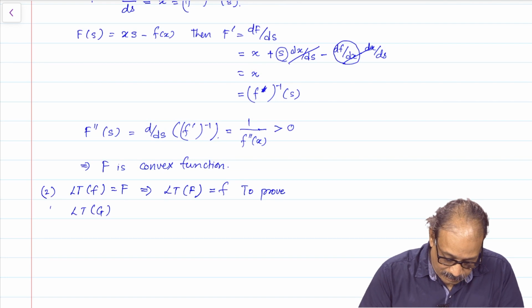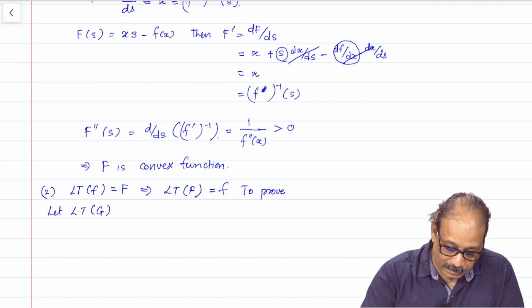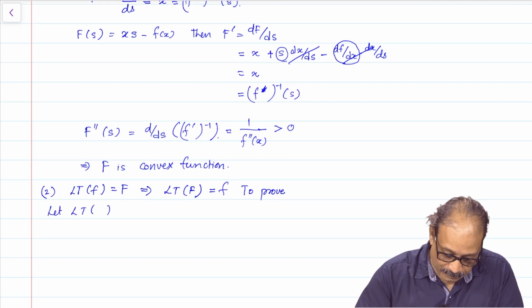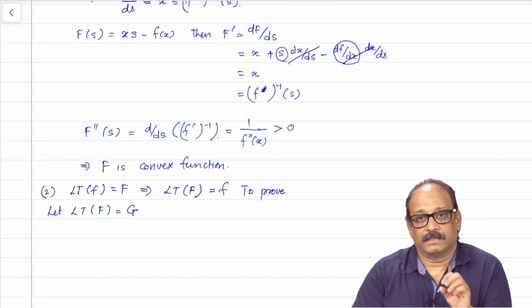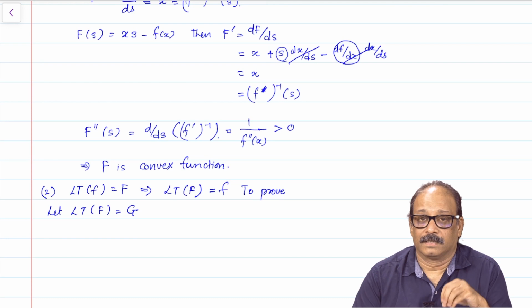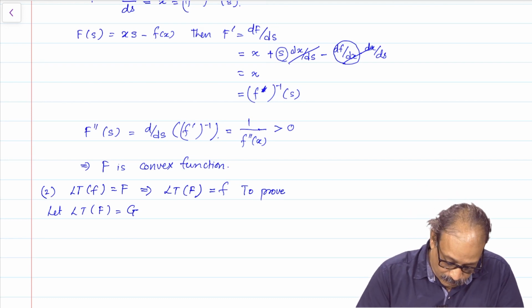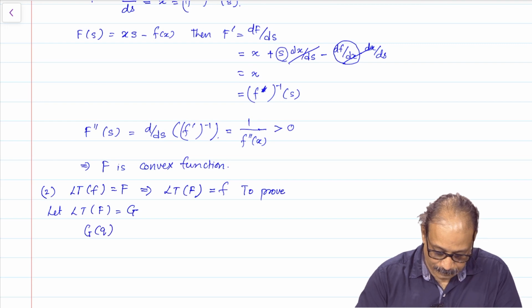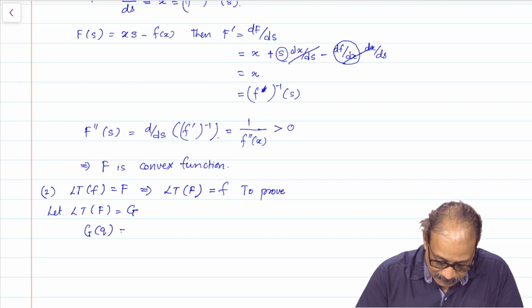Now, let the Legendre transform of capital F be denoted by capital G, and then we will show that capital G is actually nothing but the small f. So, G of some q, we will define it as follows.